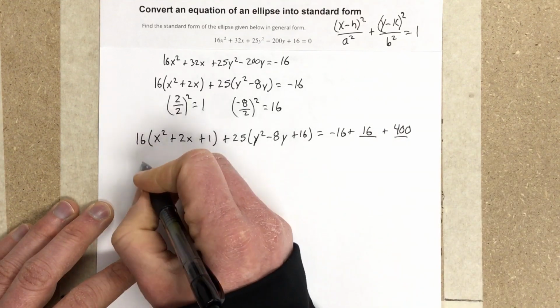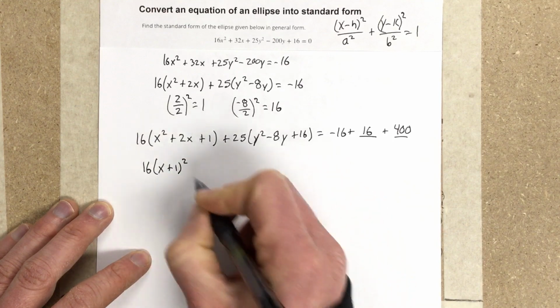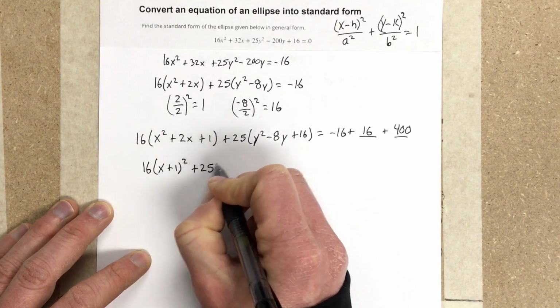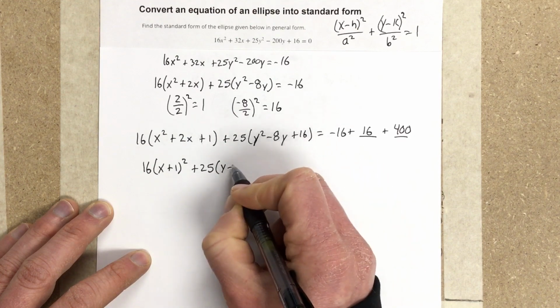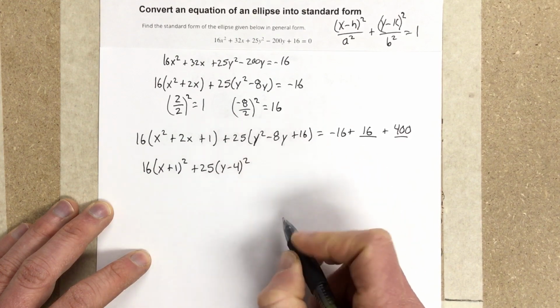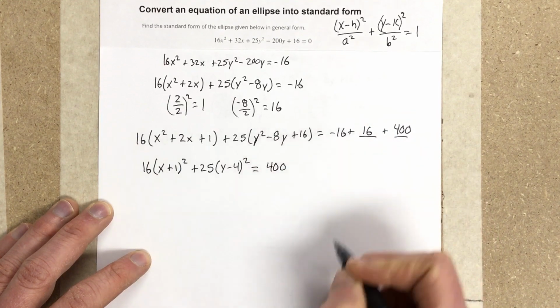This factors to 16 times x plus 1 squared, and this will be plus 25 times y minus 4 squared is equal to, the 16s cancel, I'm left with equal to 400.